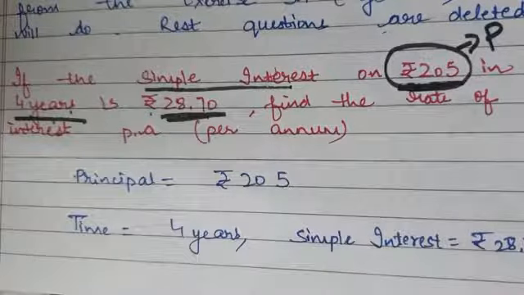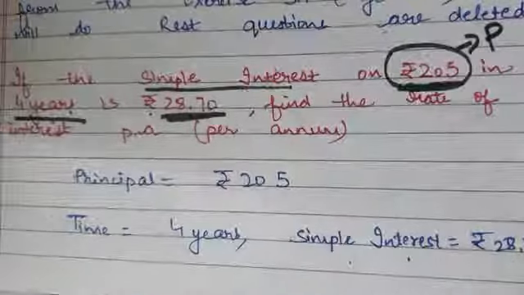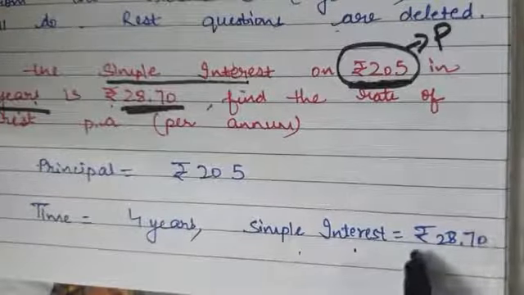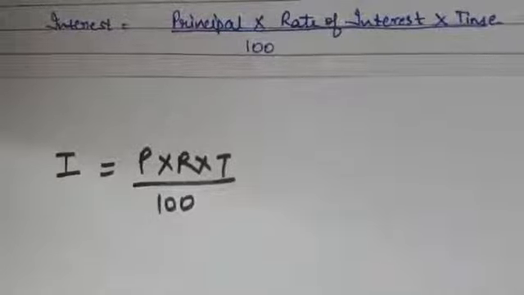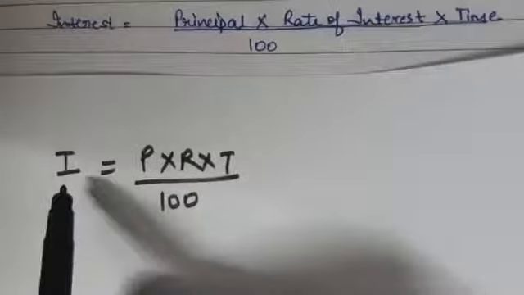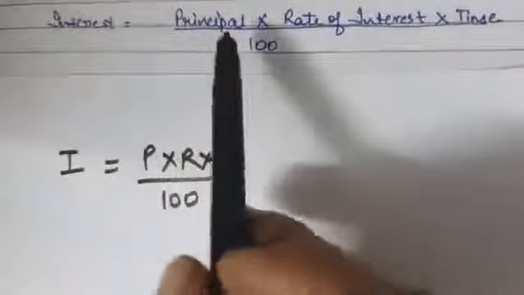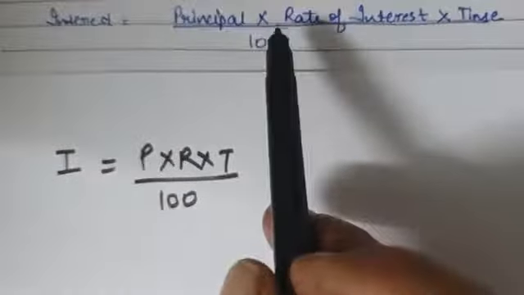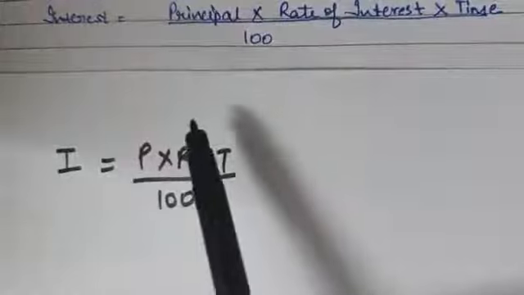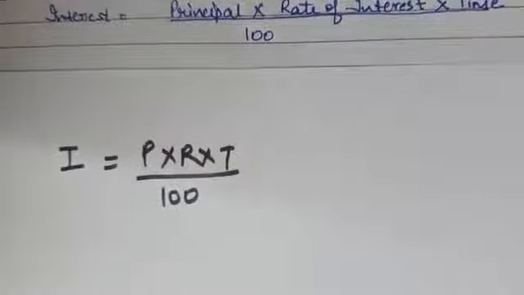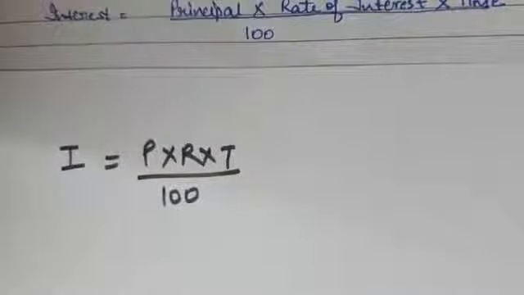So means simple interest is 28.70. Now the formula is interest is equals to principal into rate of interest into time upon 100. So now we have to put only the values.